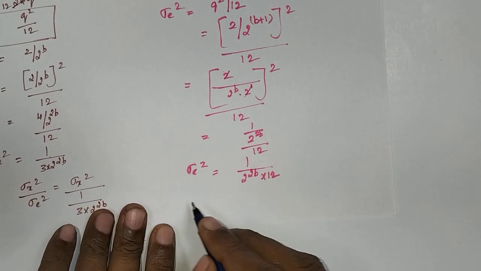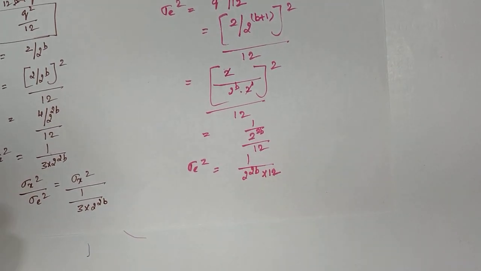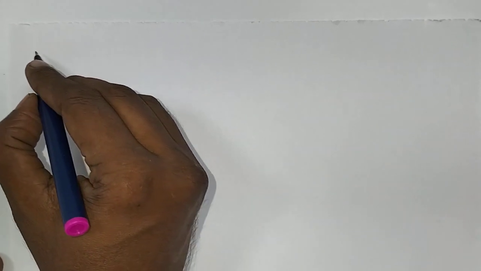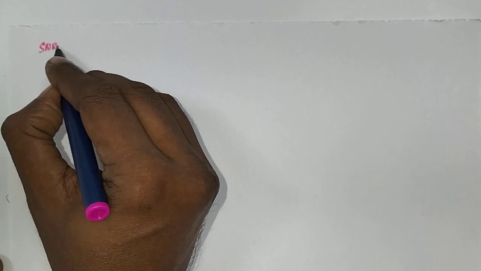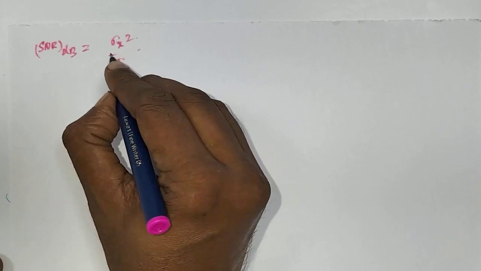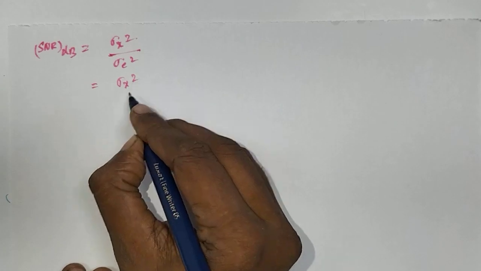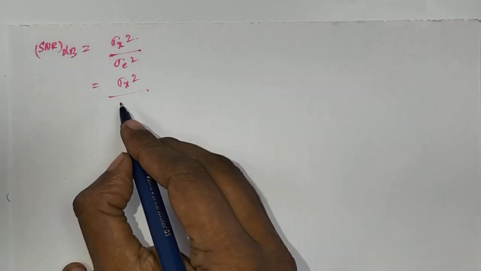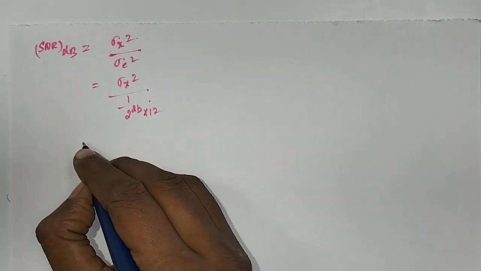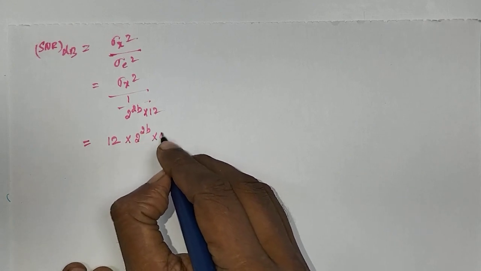Then the same process, that is the signal to quantization noise ratio for b plus 1 bit, SNR, is equal to signal variance divided by noise variance, which is sigma x square divided by 1 by 2 power 2b into 12, so it is equal to 12 into 2 power 2b into sigma x square.